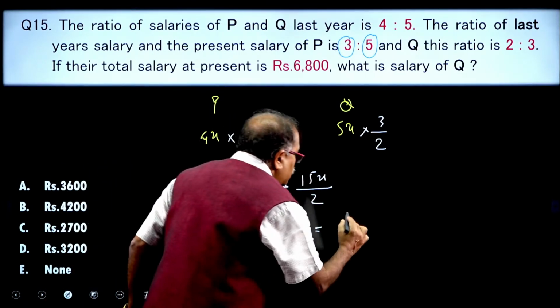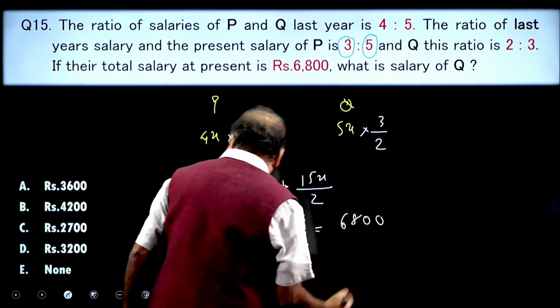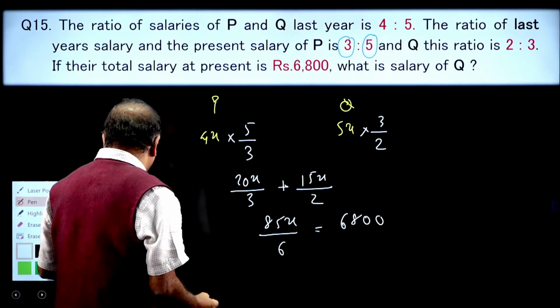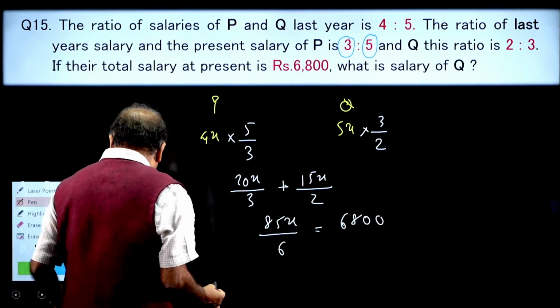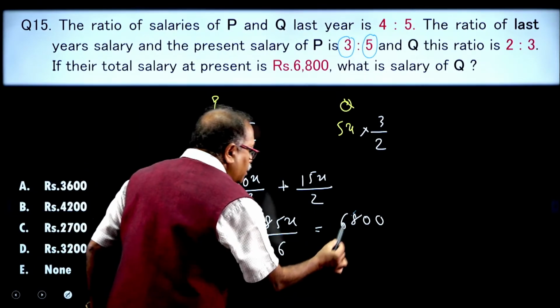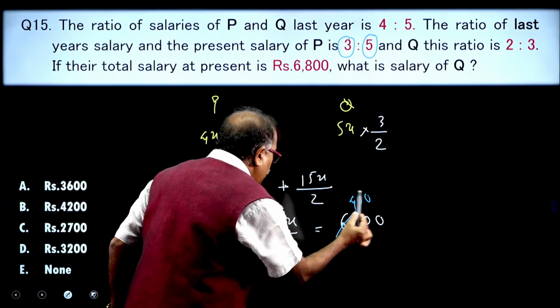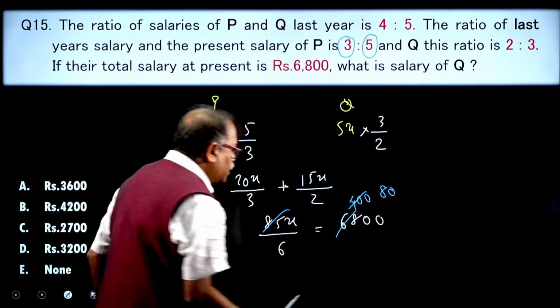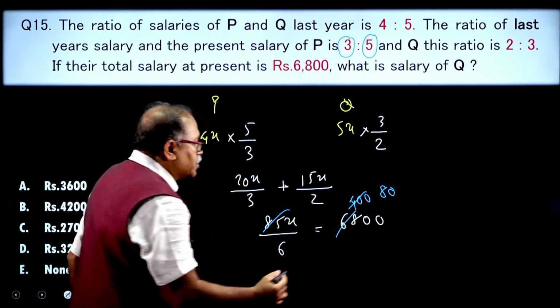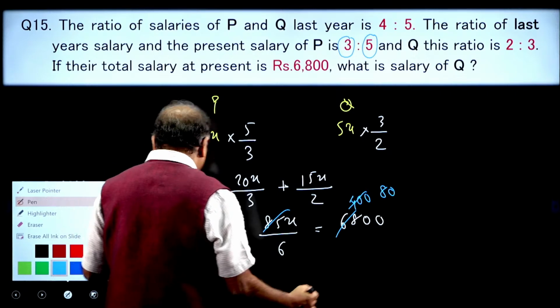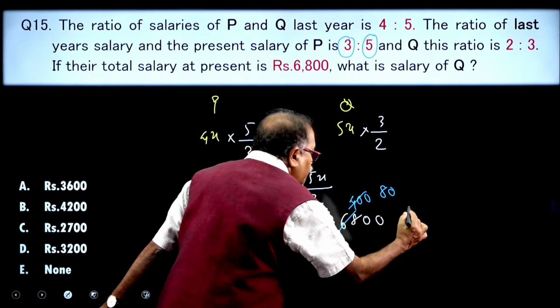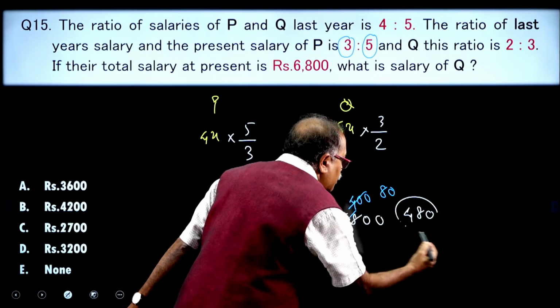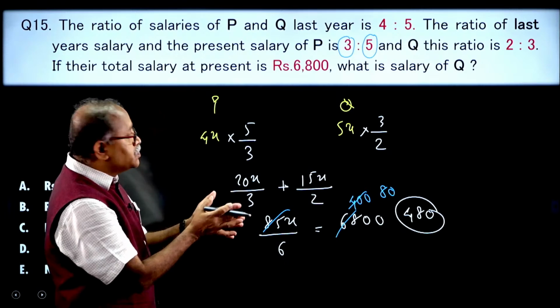So, that is 6800, and with 17 I notice that it is getting cancelled, 17 4, 17 5, and this is 80, then 8 6 is 48. So, x is equal to 480. So, what is my requirement?